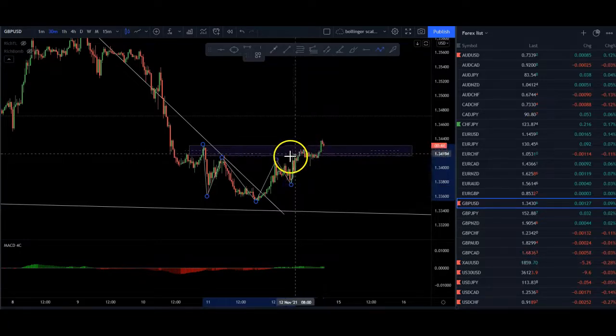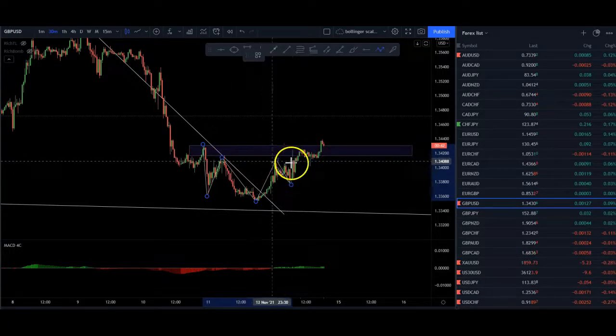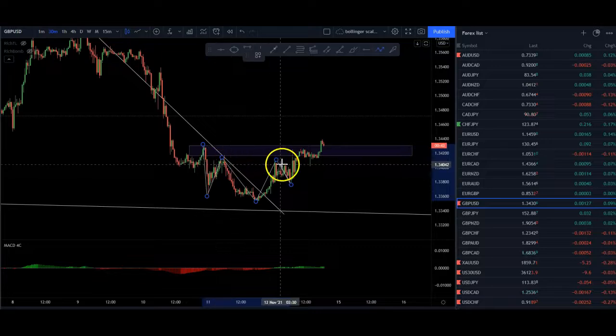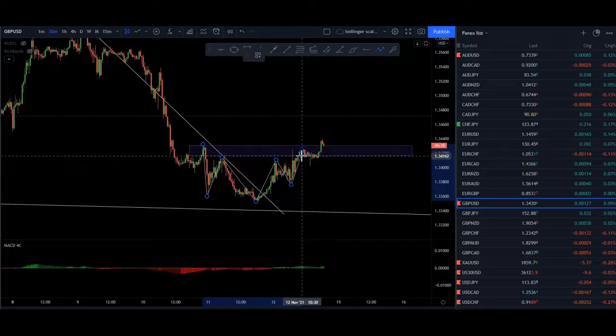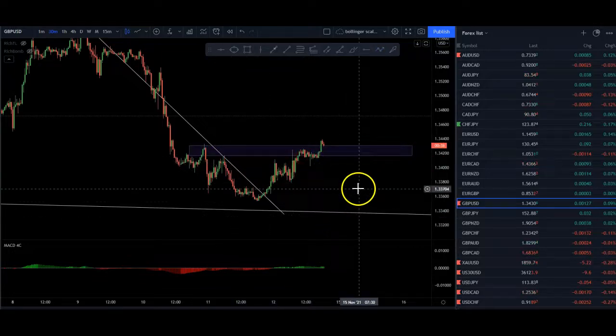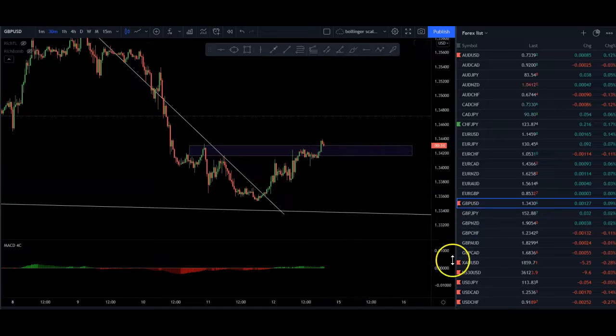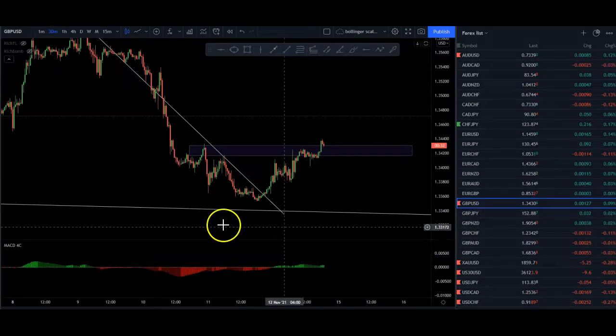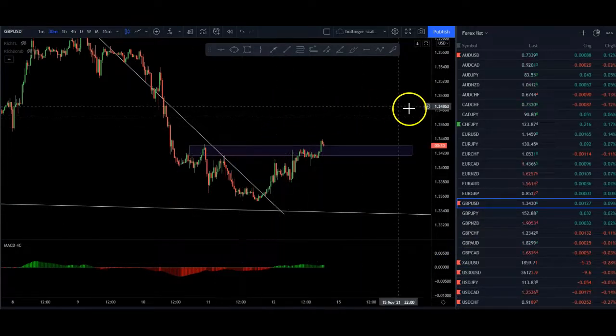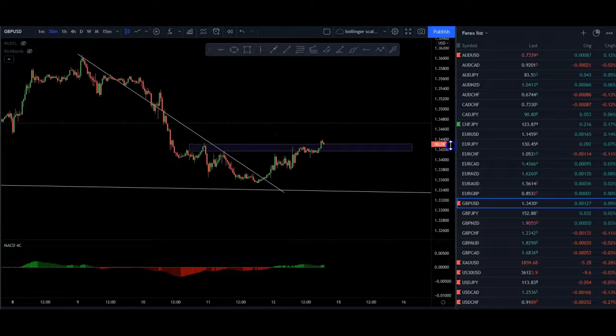Now it's broken the neckline right here. That was a good entry, but I gotta get rid of that. Okay, so I'm probably gonna be buying this pretty soon. So that's another trade that we have for this week also. We'll see how that goes.